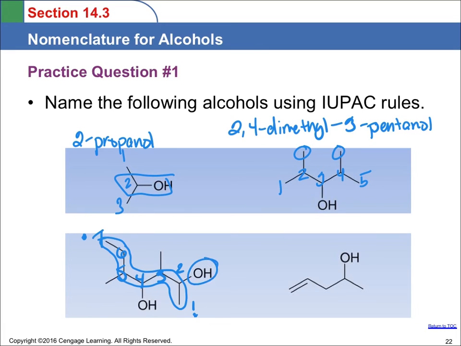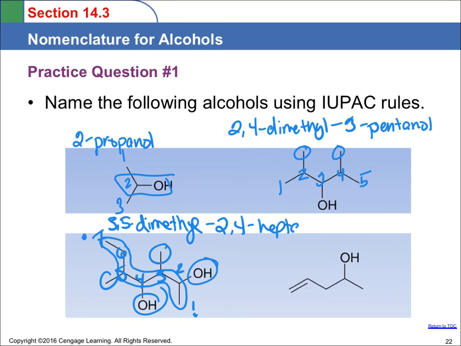I have the 2 alcohol groups, and I have 2 methyl groups. So we'll list the methyls first. We've got 3,5-dimethyl. Then the alcohols are on 2,4. 7 carbons is hept. And we put in the whole heptane because we need diol.